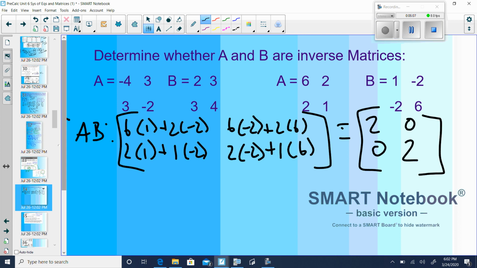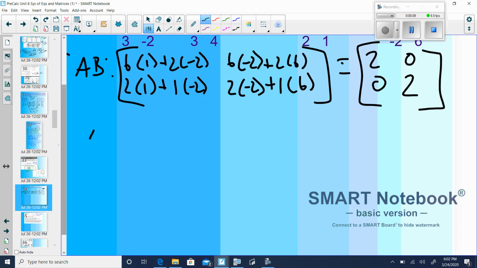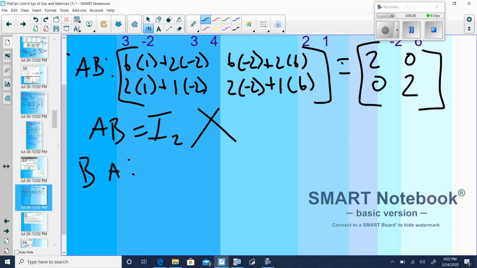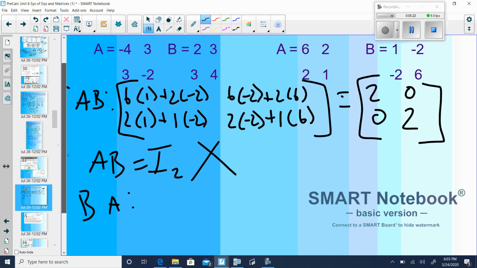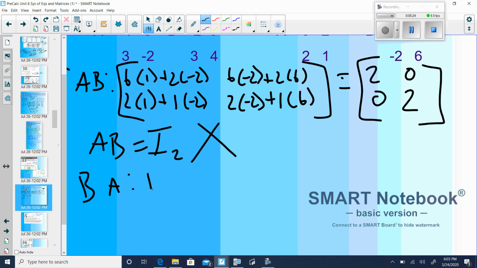So AB is out, right? Because A times B, being 2 by 2, needs to be equal to I sub n, or I sub 2. So that's out. So what about BA? Let's take the first row in B. So 1 and negative 2.